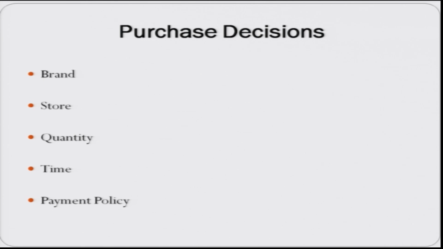So the decision of brand may exist till the store, and there could be a situation where the consumer will first decide the store and then choose the brand, where the store loyalty is very high. So these two decisions of store choice and brand choice go hand in hand.